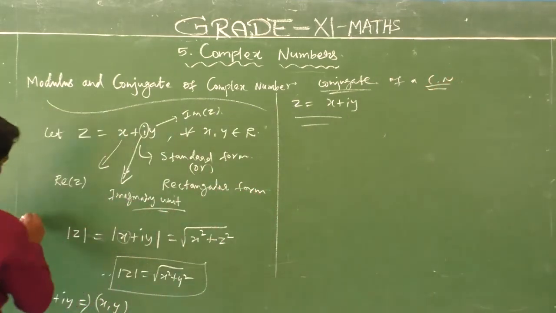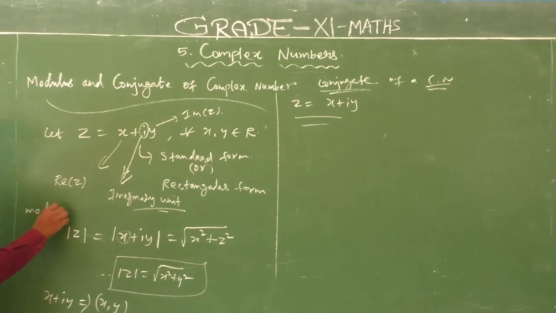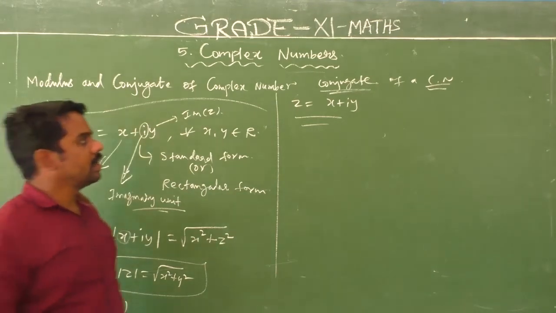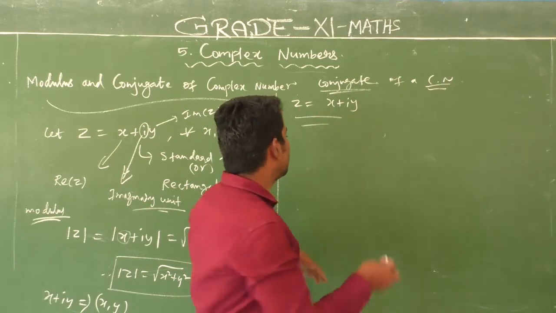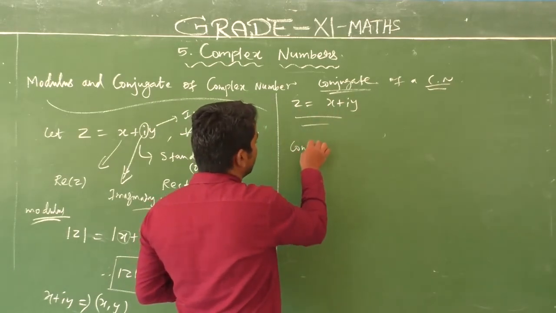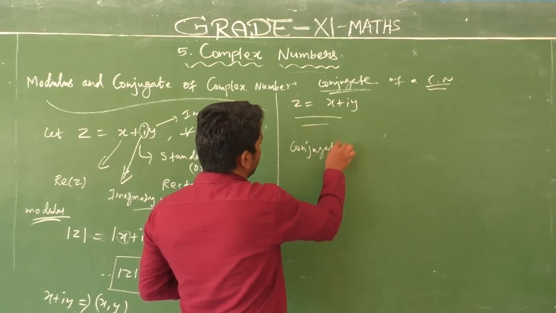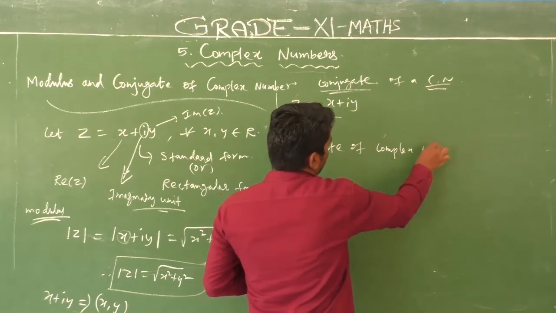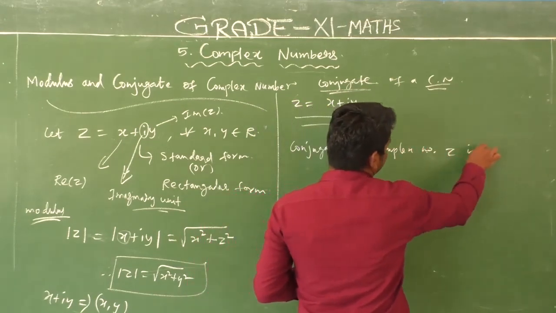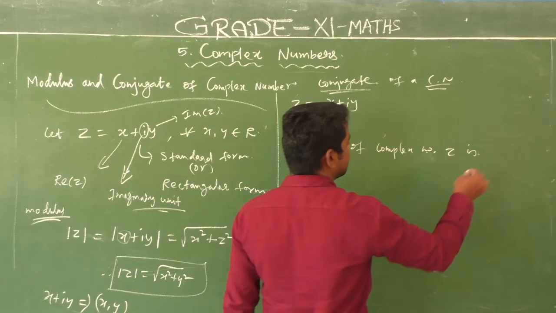If z is x plus iy, then the conjugate of the complex number z is represented as z bar.